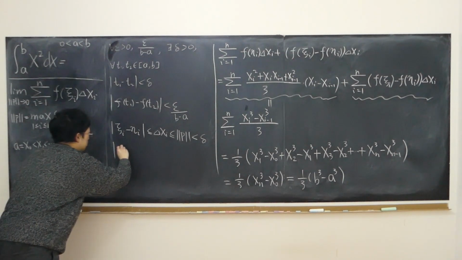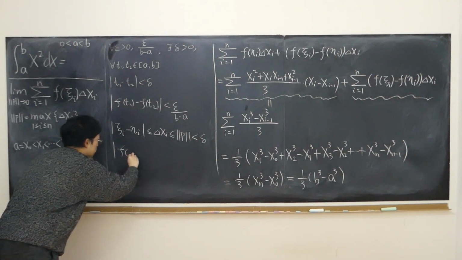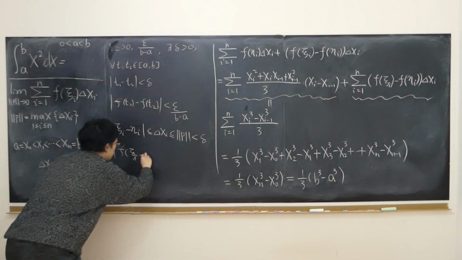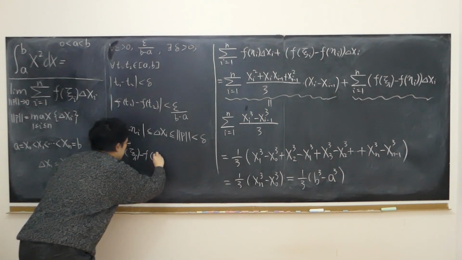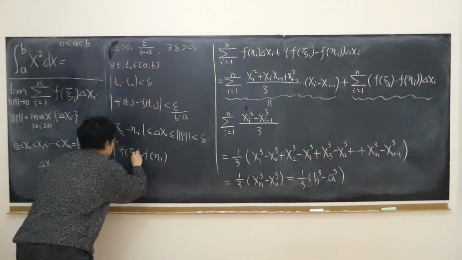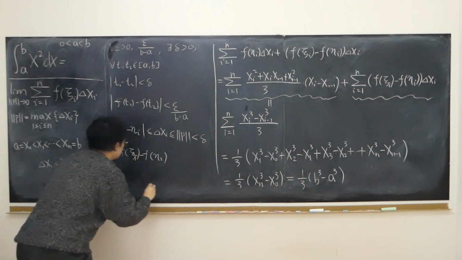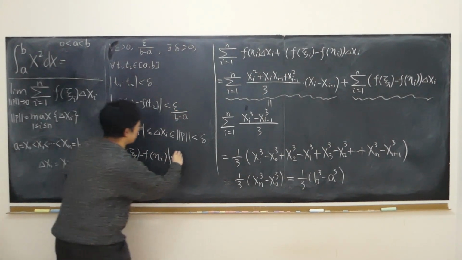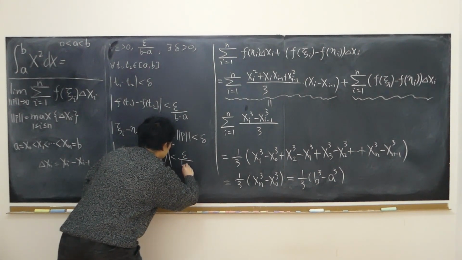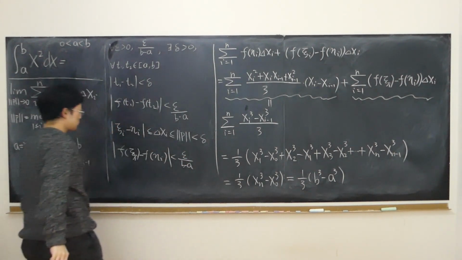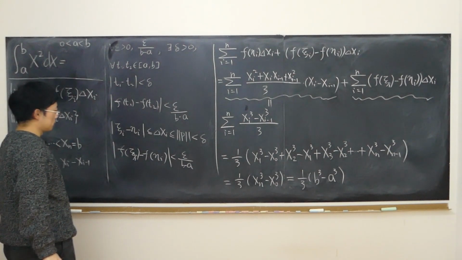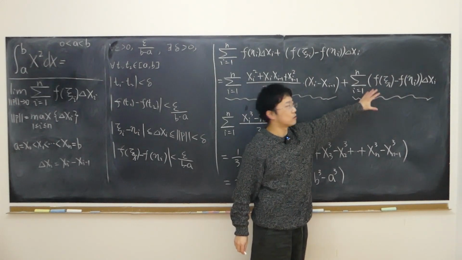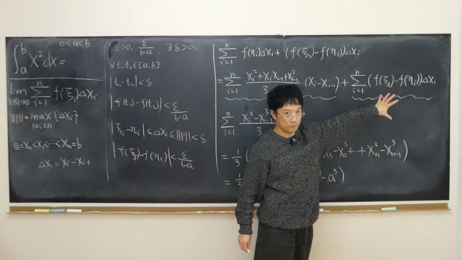Therefore, the absolute value of f of Xi I minus f of eta I will also be small enough, smaller than epsilon over b minus a. I wanted to show that this quantity is small enough, right?